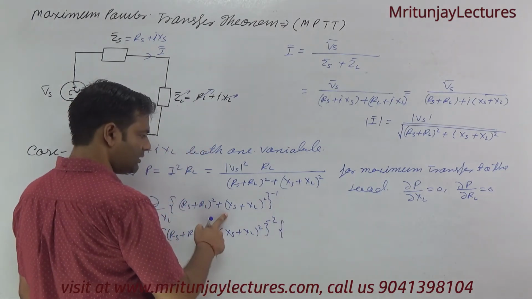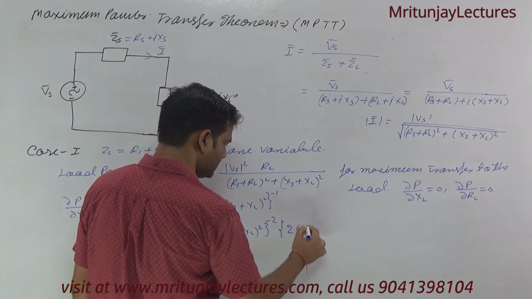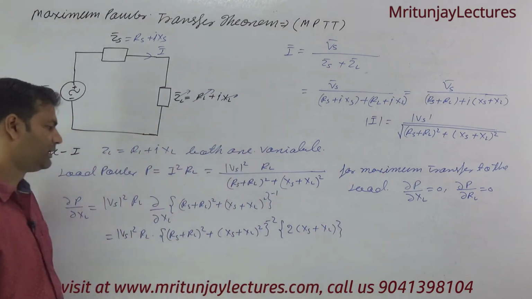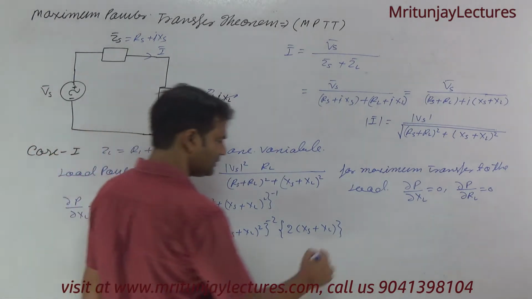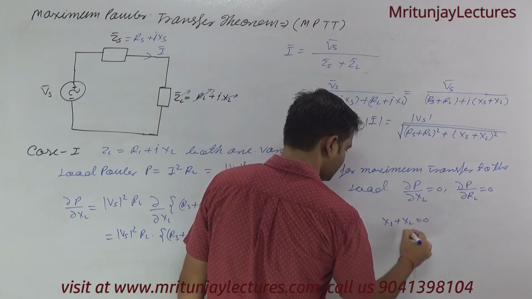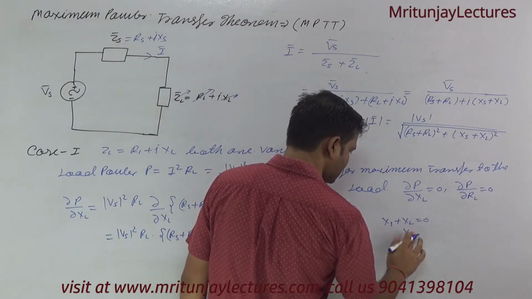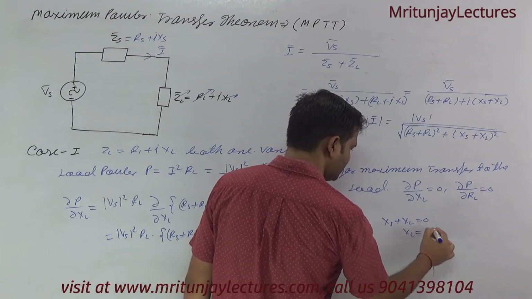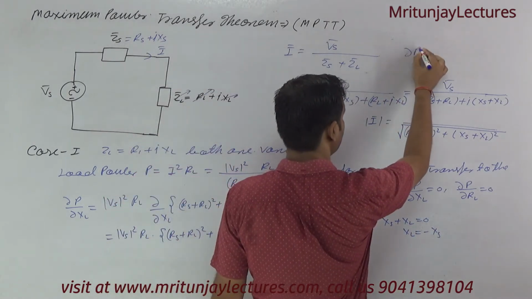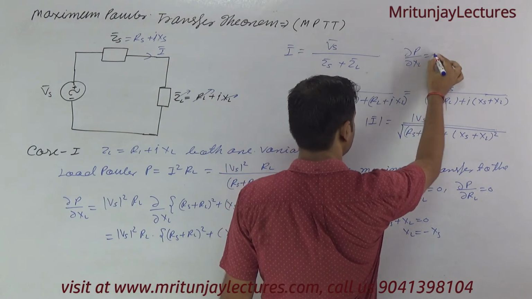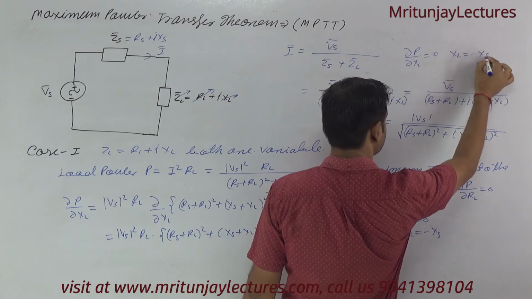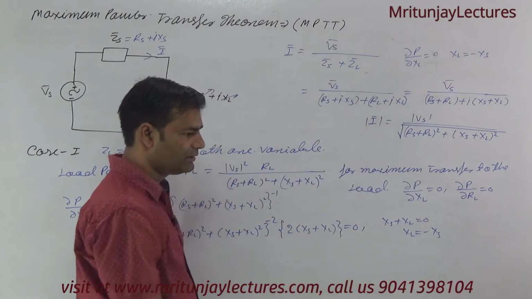Now if we differentiate this, then Xs plus XL equal to 0. We got XL equal to minus Xs.